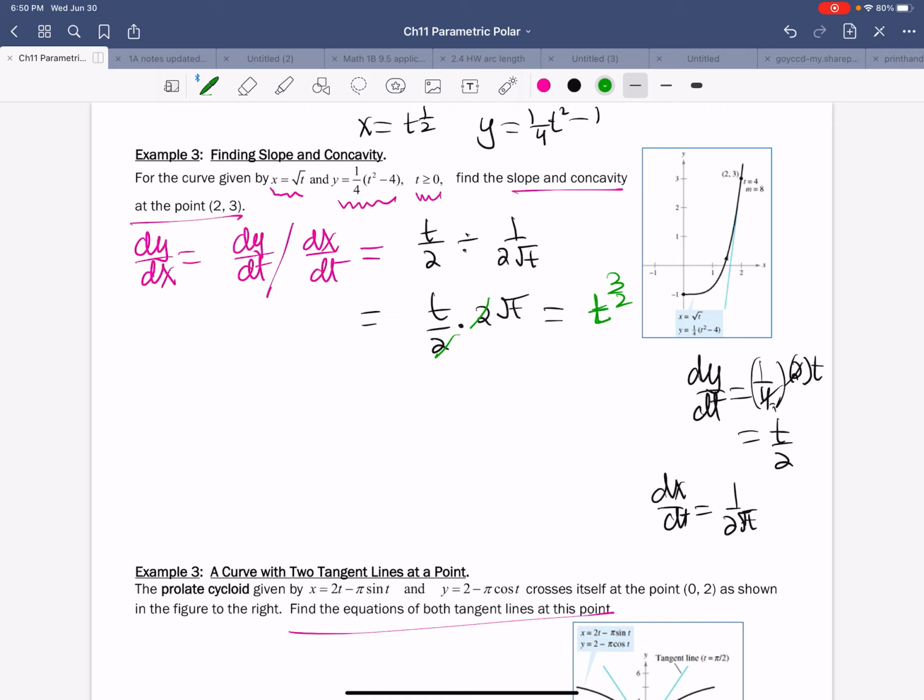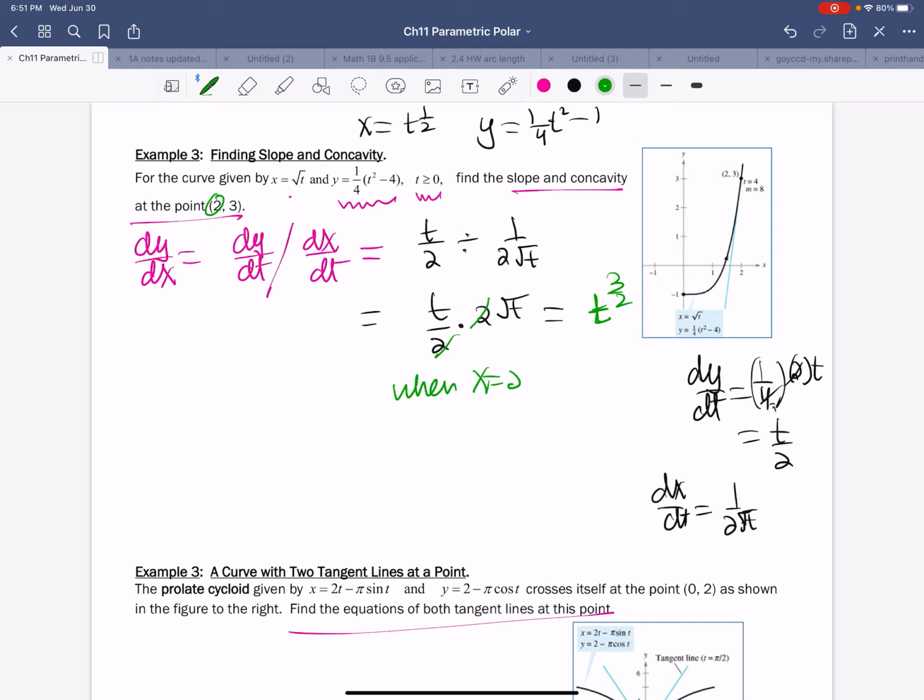So now this is going to give me the slope of the tangent line, but I do have a mystery piece. I need to find out when x is 2, what is t equal to? Because square root of t is equal to x, when x is 2, t is going to be 4.